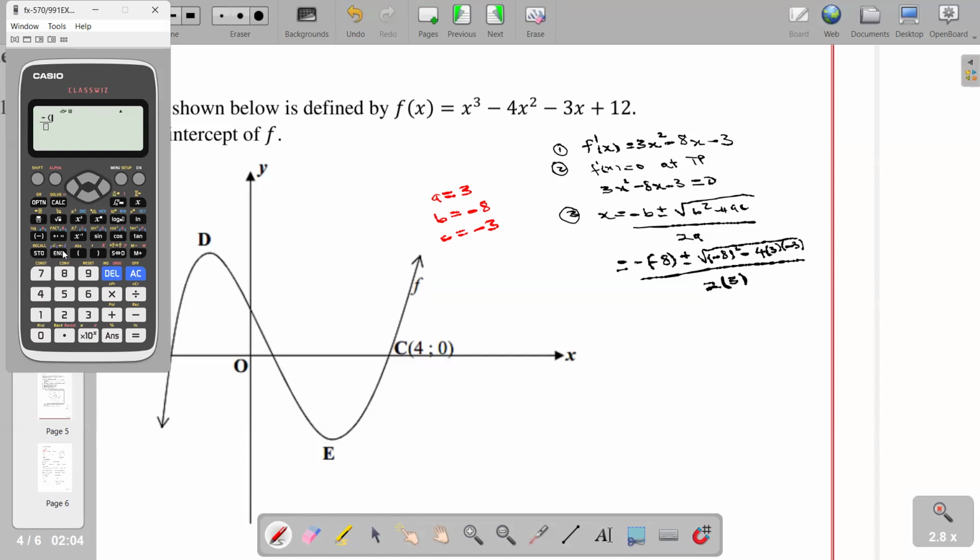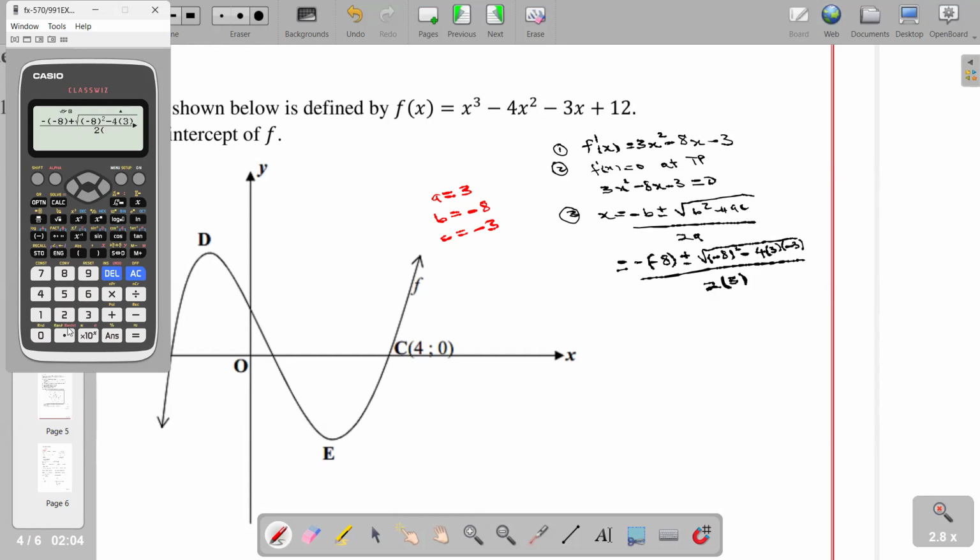Minus 8 plus the square root of b squared, which is minus 8 squared, minus 4. The a is 3. The c is negative 3, all over 2.